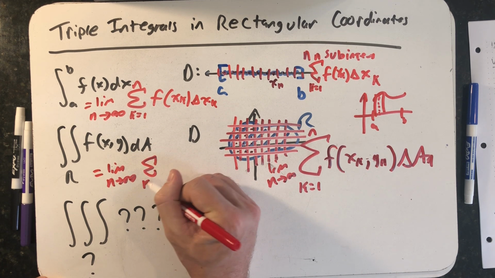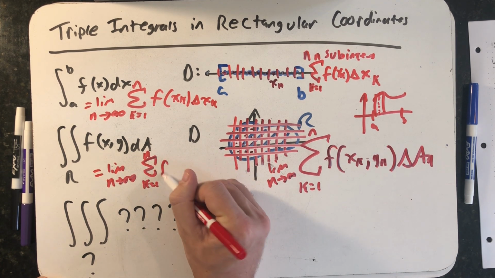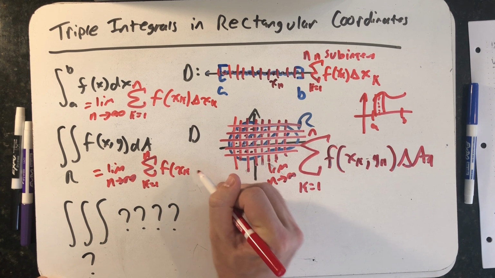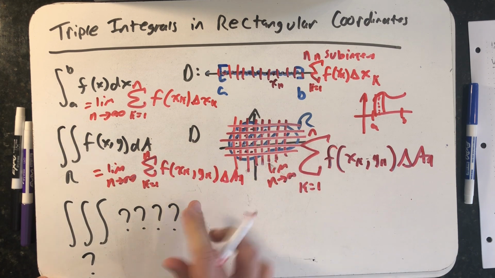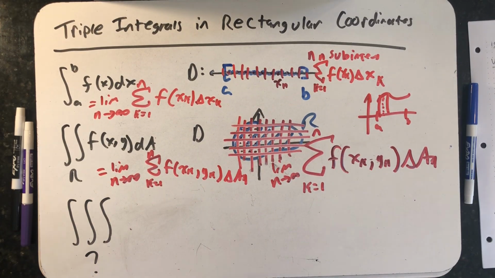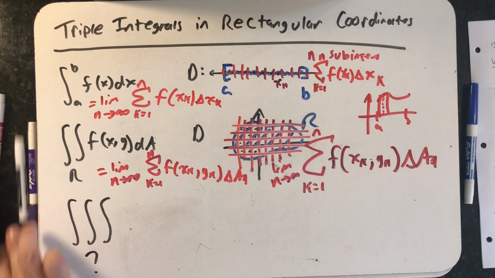And now we're to our real goal, to talk about functions on three variables. Well, now my integrand has three domain variables.